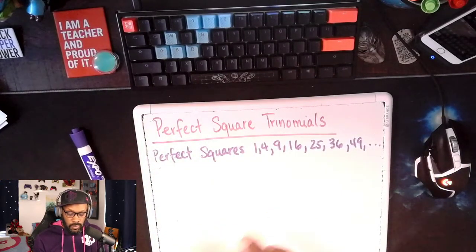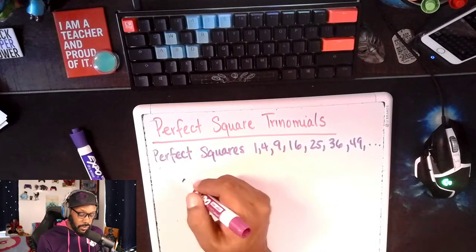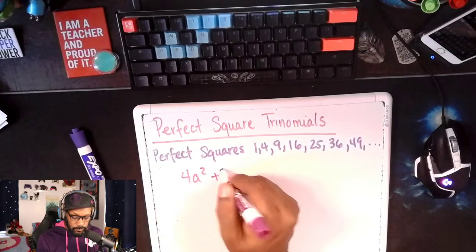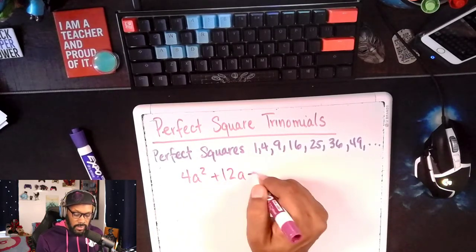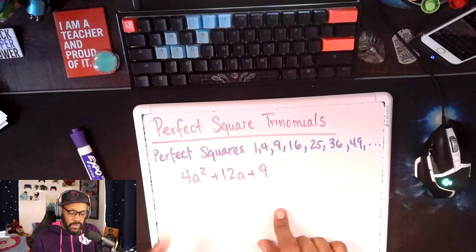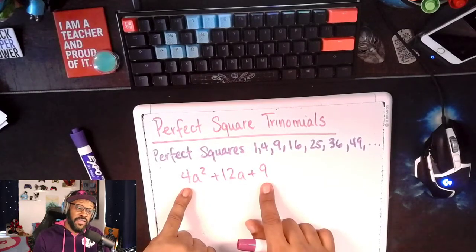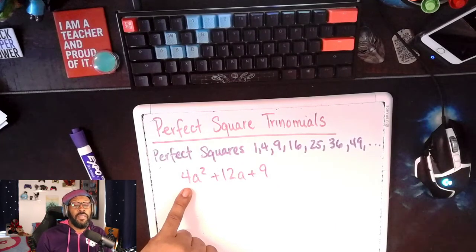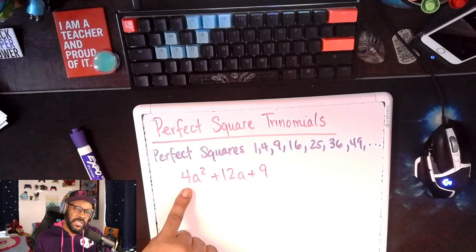Now, when it comes to factoring certain trinomials, take a look at this one. Look at that first term and that third term. They're perfect squares. There are trinomials where you have to take your time and think about the factors and their placement.